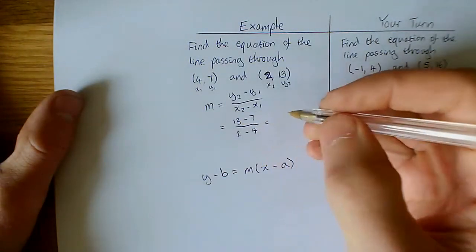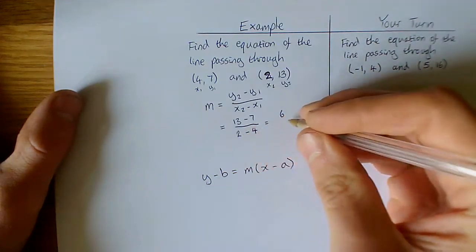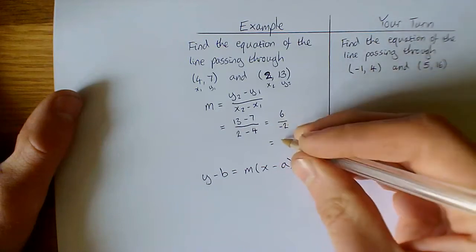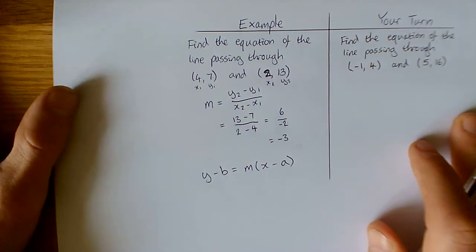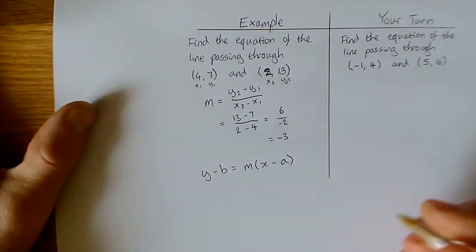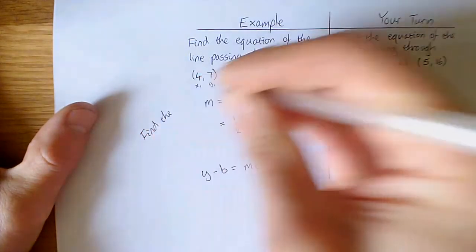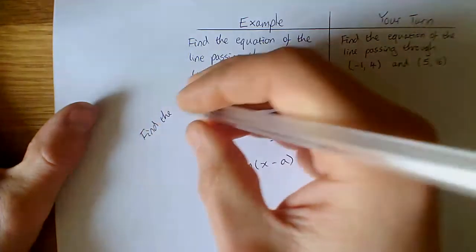Well, 13 take away 7 is 6. 2 take away 4 is minus 2. 6 divided by minus 2 is minus 3. So that's our first step, find the gradient, using our gradient formula, m equals y2 minus y1 over x2 minus x1.